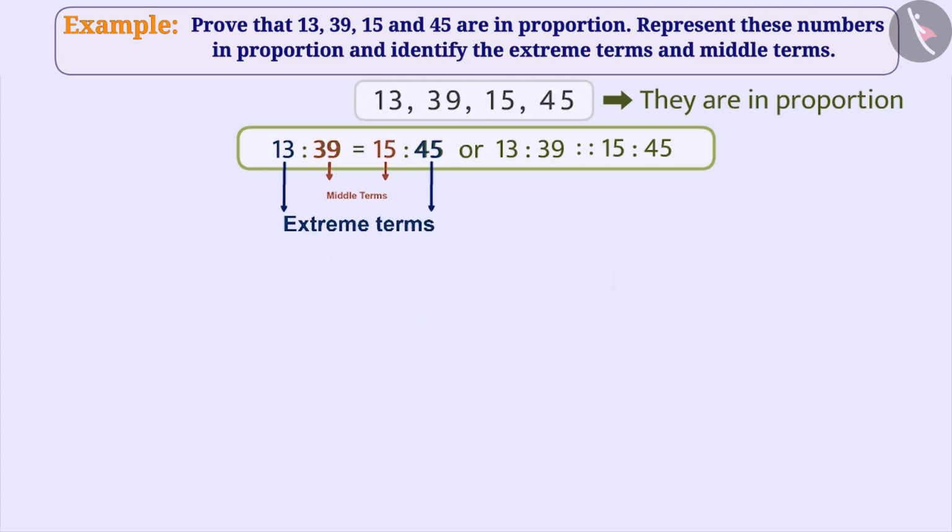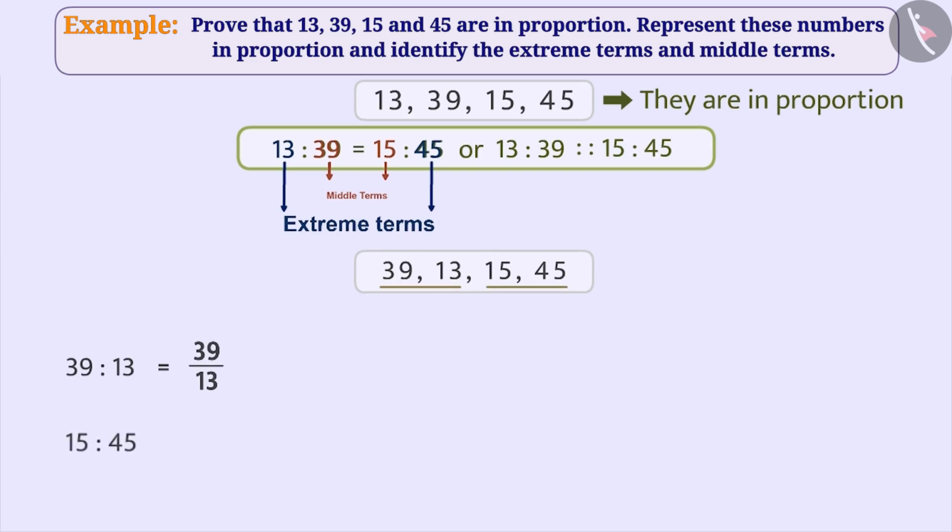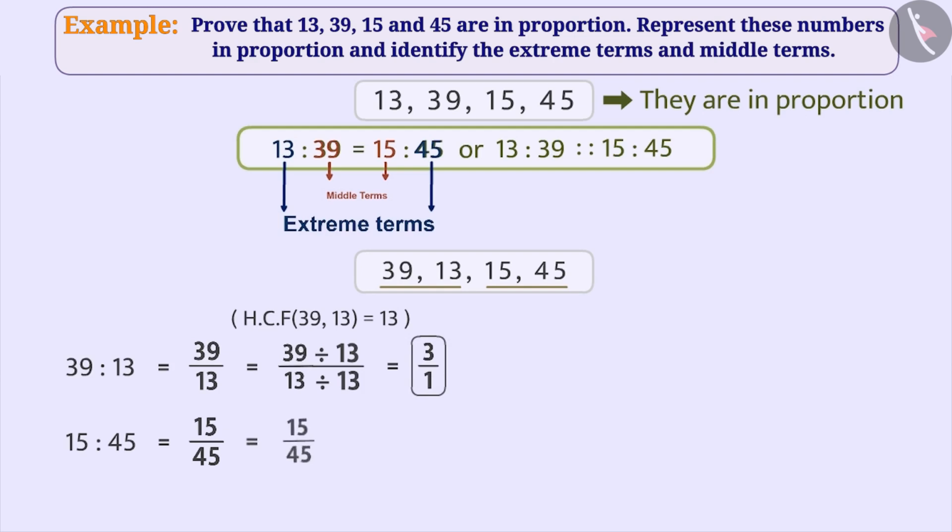Let us change the order of these terms and see what happens. Suppose we take the order as 39, 13, 15, and 45. Then the ratio of the first two terms will be 39:13, which means 39 by 13. And the ratio of the other two terms, 15:45 or 15 by 45. The HCF of 39 and 13 is 13. After dividing the numerator and denominator of 39 by 13, we get the simplest form of the fraction, 3 by 1.